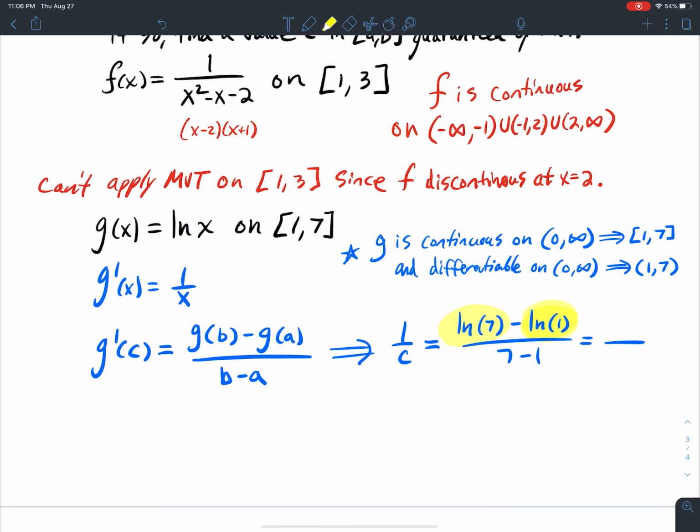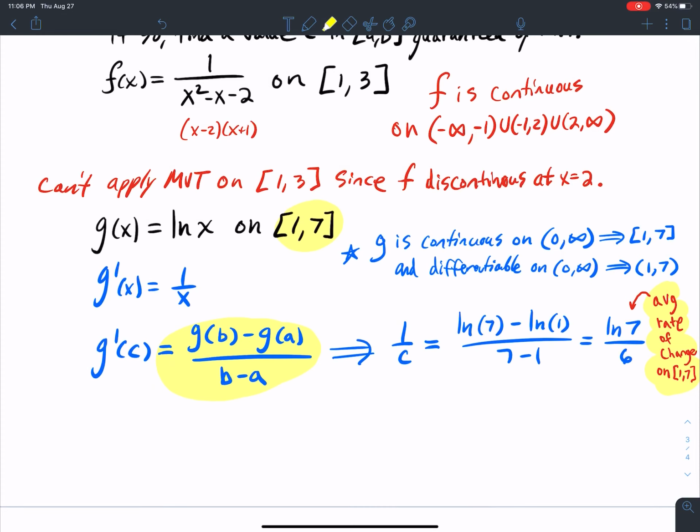If you type ln 1 into your calculator, that's 0. So it's just ln 7 in the numerator. And then 7 minus 1, if you type that into your calculator, you get 6. Okay? And so this right here, remember what this represents. This number represents the average rate of change over the interval from 1 to 7.